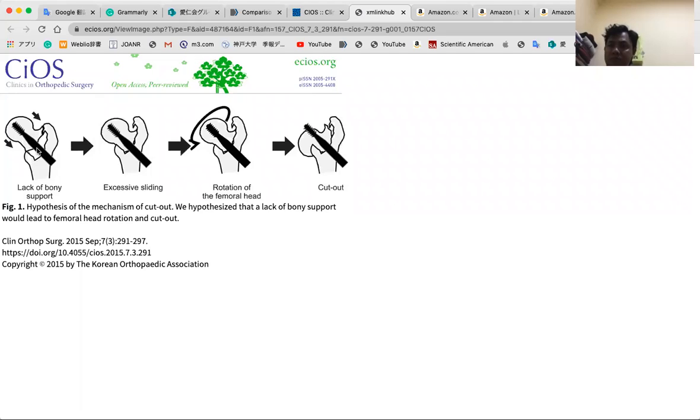So even after the fixation, both the gamma nail and the gliding nail and other fixation devices can slide distally due to the lack of bone support, due to the compression of the bone fragment.